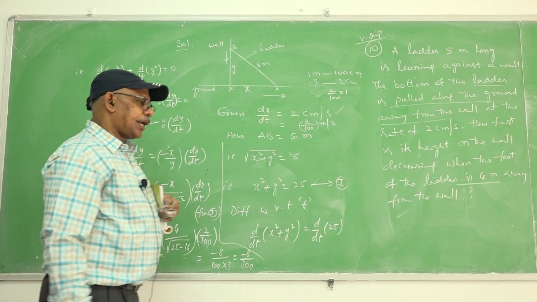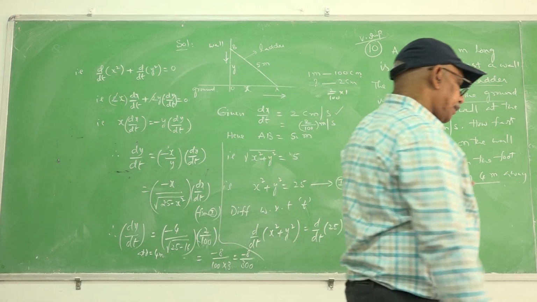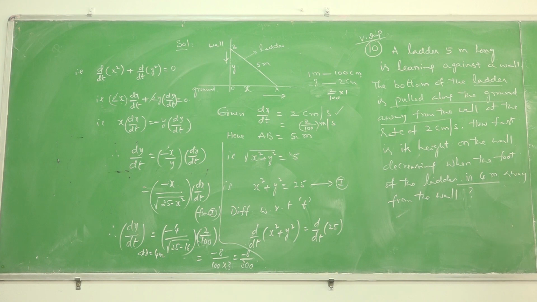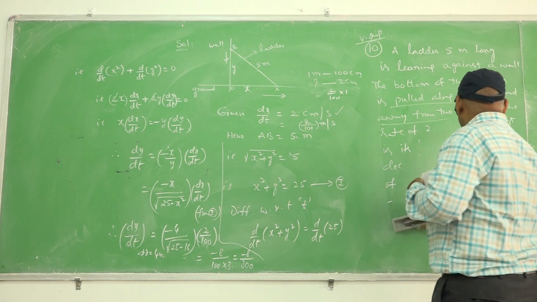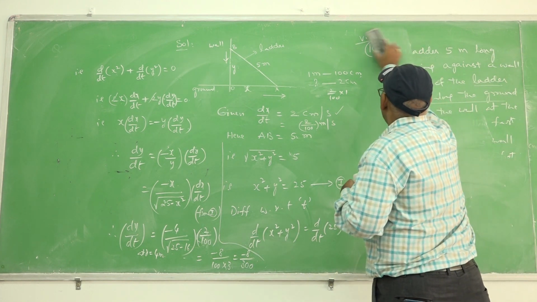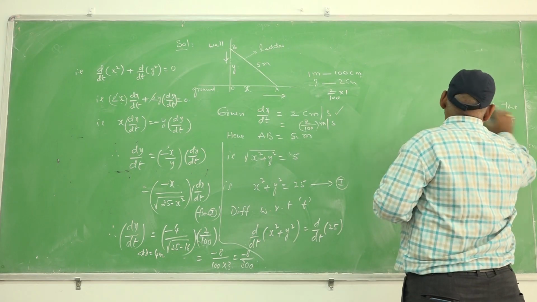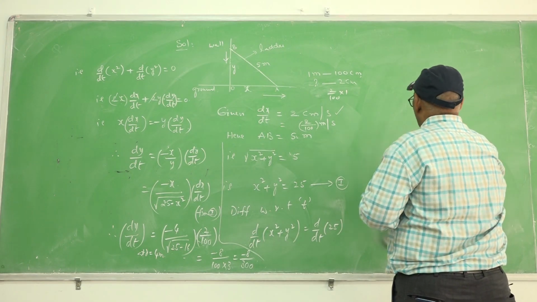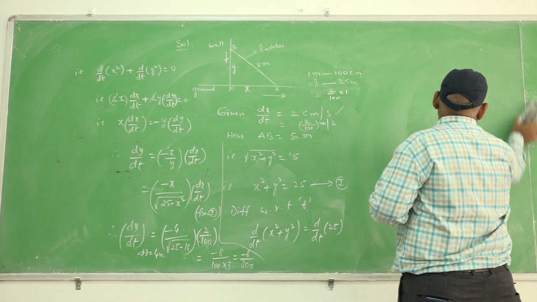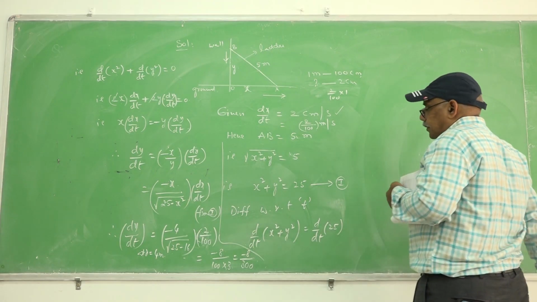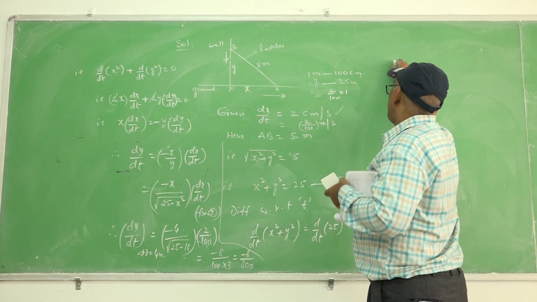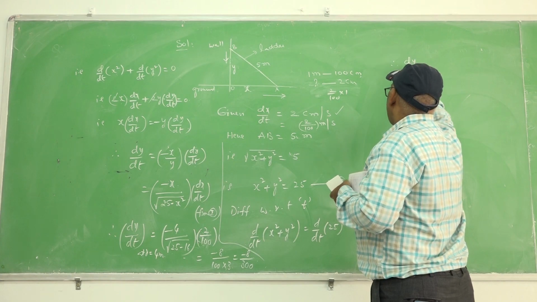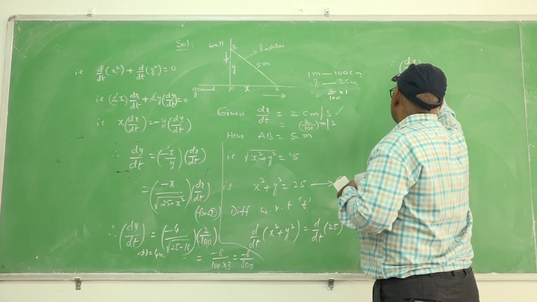The rate of change in height dy by dt, when the bottom is 4 meters away from the wall, at x equal to 4 meters.